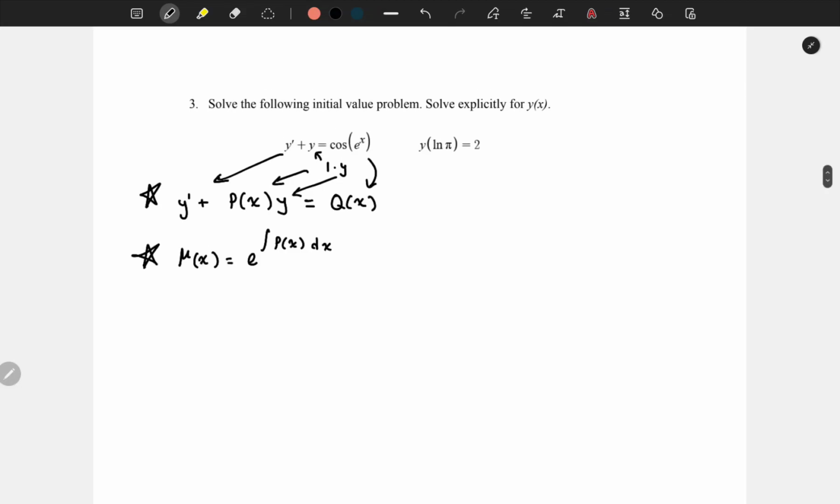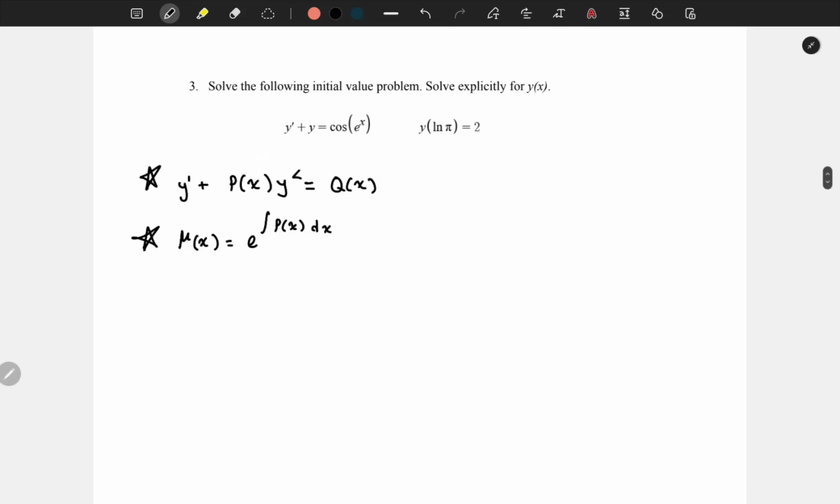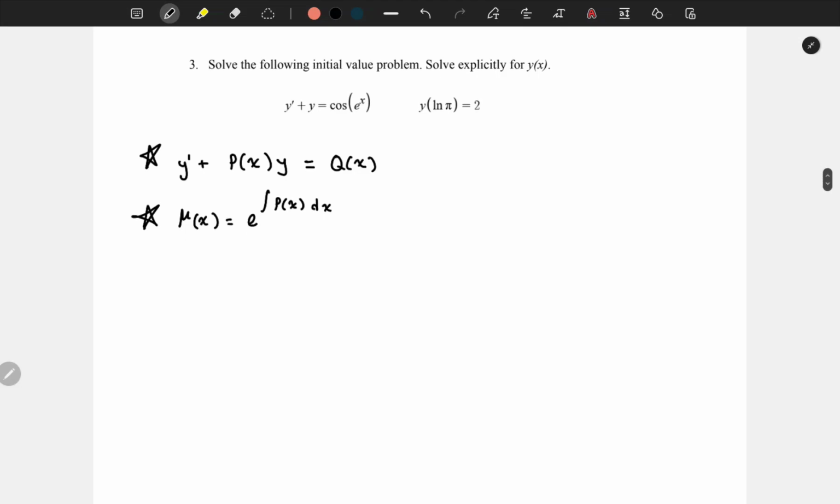So we've basically already done the first part. It's not really an equation, since you just have to make sure that it's in this form. So our differential equation is already in this form, so let's just write it down.